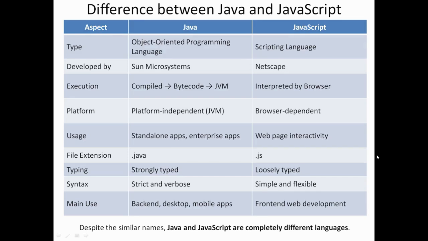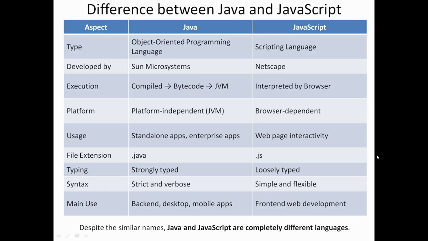The main differences between Java and JavaScript: Java is an object-oriented programming language whereas JavaScript is a scripting language. Java was developed by Sun Microsystems, and JavaScript was developed by Netscape. Java is compiled to bytecode based on the Java Virtual Machine, whereas JavaScript is interpreted by the browser. Java is platform-independent, whereas JavaScript is browser-dependent.